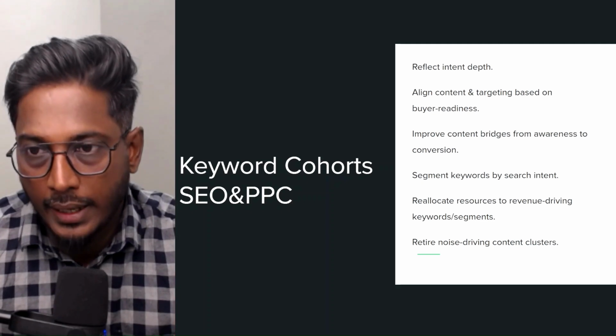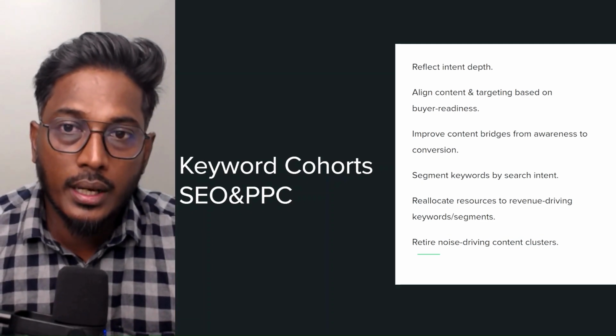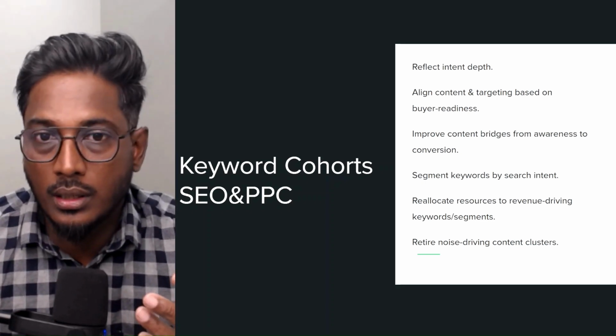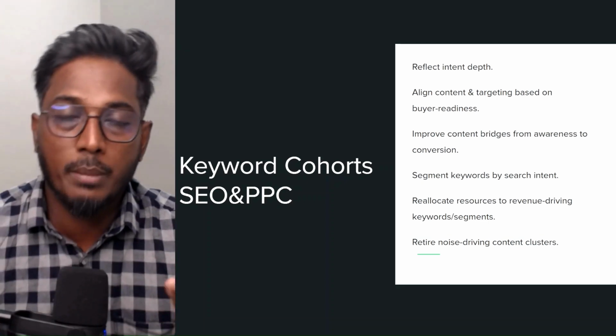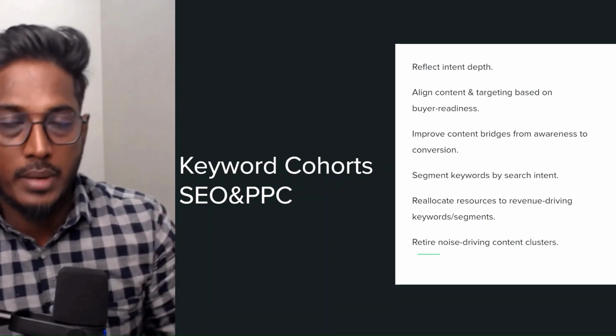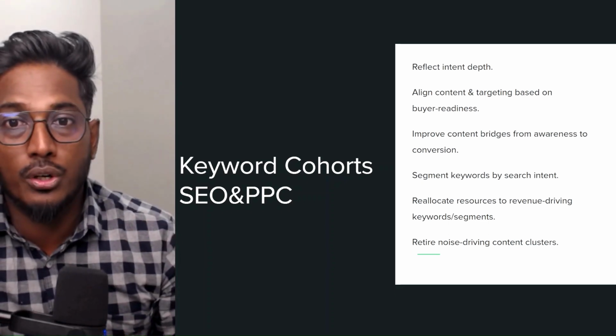Here it's not about buying traffic, it's about buying the time to earn their trust. And you can create cohorts, like how people coming from brand search versus the non-brand search visitors are behaving. High intent keyword cohorts.